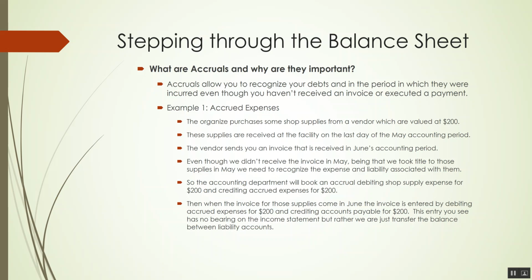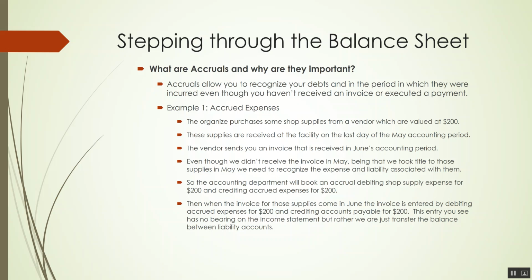Let's say, for instance, that your company purchases some shop supplies from a vendor, and those supplies are valued at $200. These supplies are received at your facility, say on the last day of May's accounting period, and the vendor doesn't get around to sending you an invoice until June's accounting period.